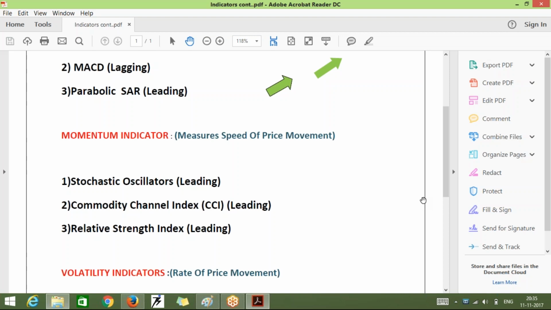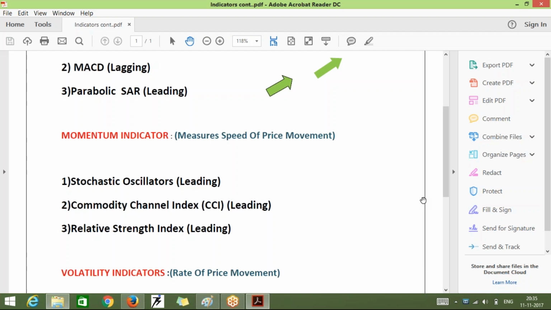That's the momentum indicator I explained. Under momentum indicator there are again 3 kinds. I haven't mentioned all the indicators, I have just taken examples. Under momentum you will find stochastics.